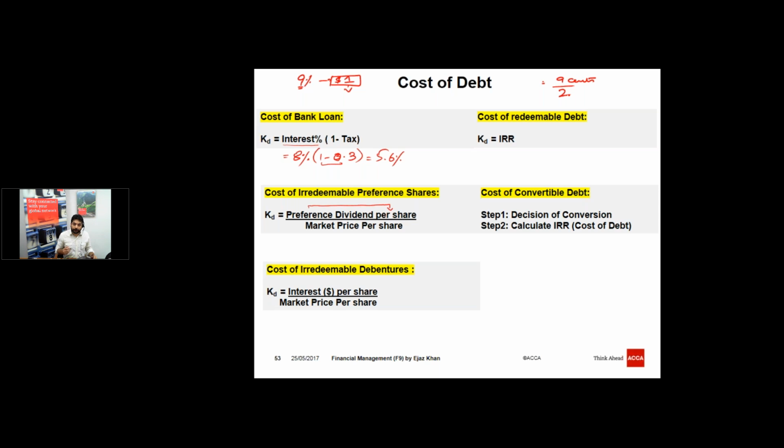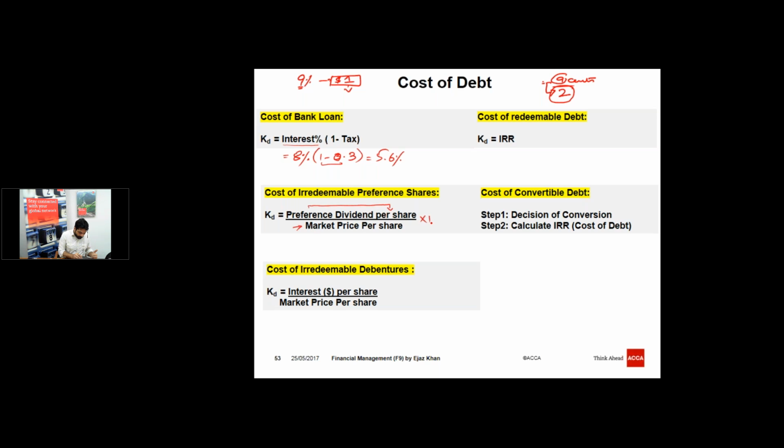From the investor's point of view, he will always compare this dividend per share with the market value and not with the par value, because his investment value is the one traded in the market rather than in the books. So we are actually paying 9 cents against a $2 value of share.